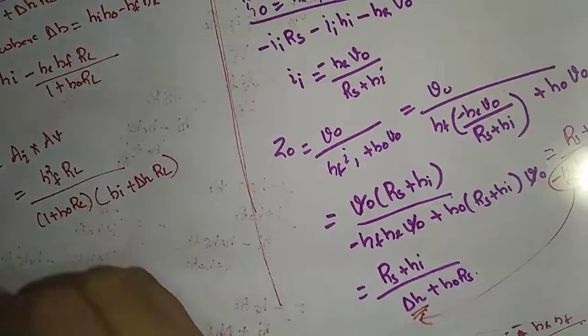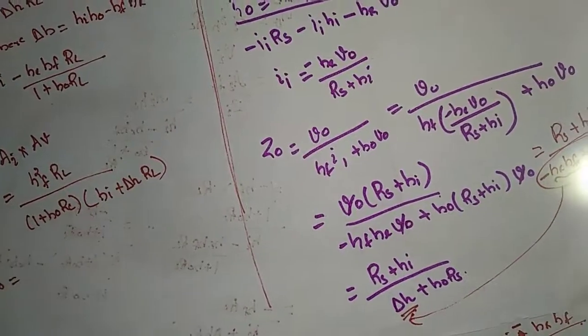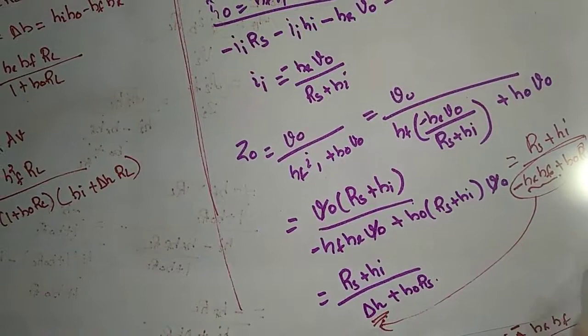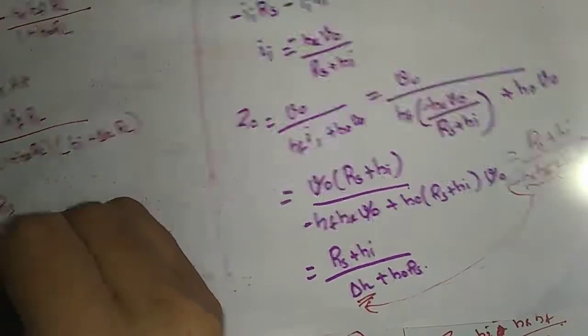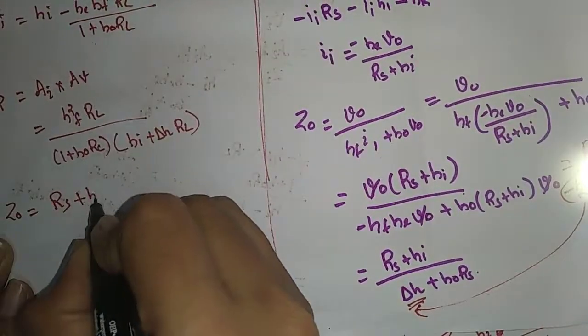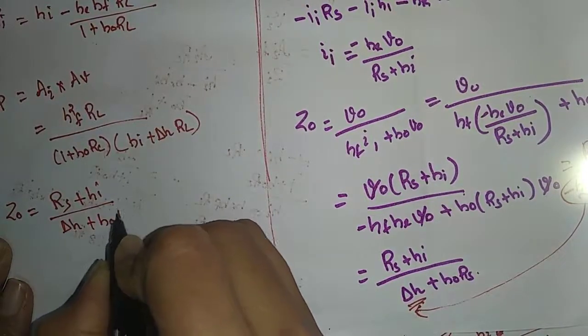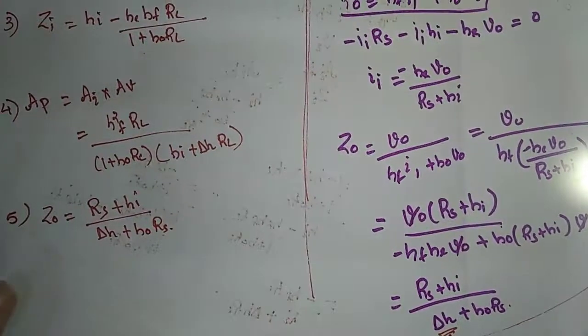My output impedance is equal to RS plus HI divided by delta H plus H0 into RS. This is the equation for the output impedance.